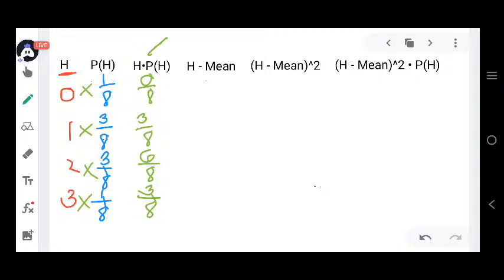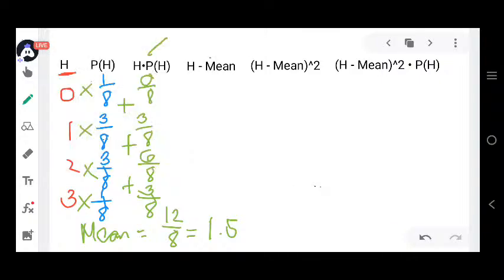We are doing this, ginagawa natin, to add these values to get the mean. This mean will be used for the next column. The sum is 12 over 8, or it is easier to compute if this is in decimal form. So this will be 1.5.